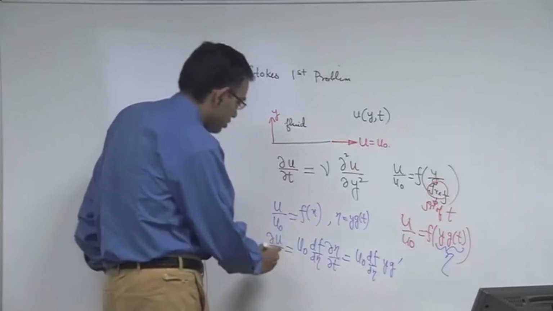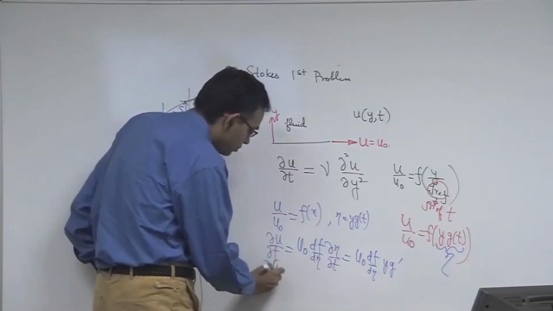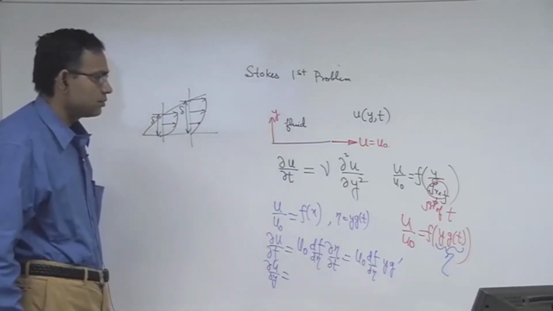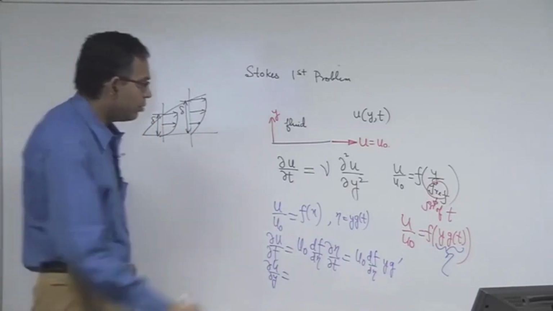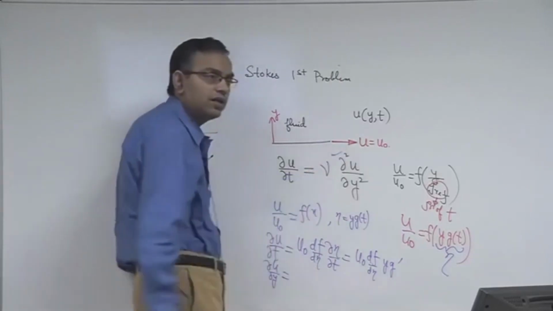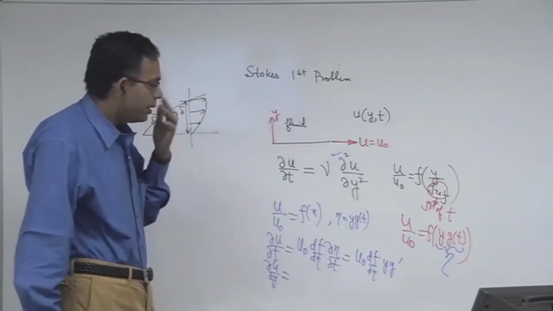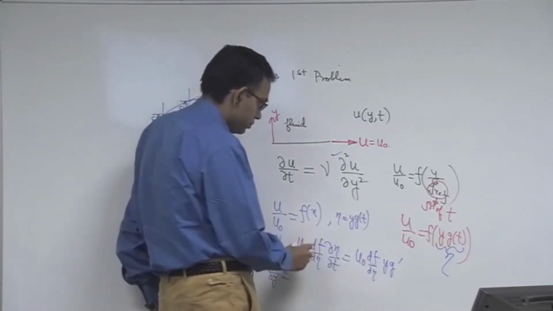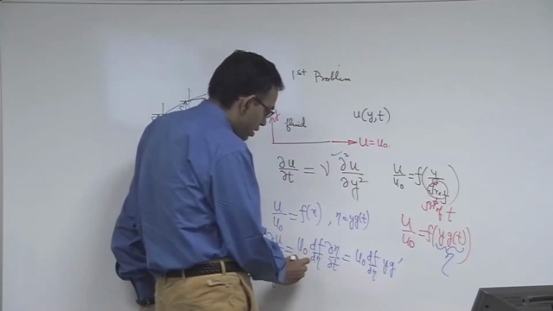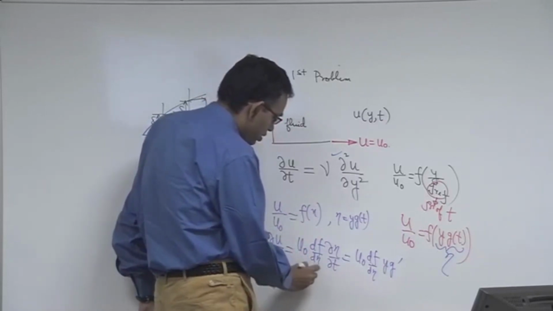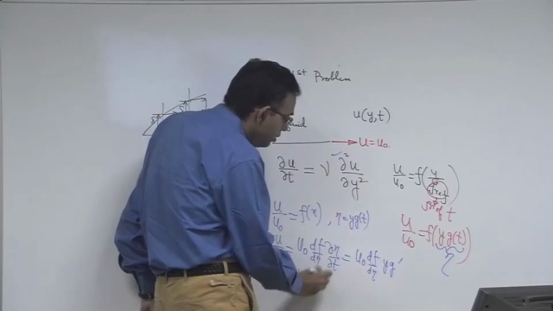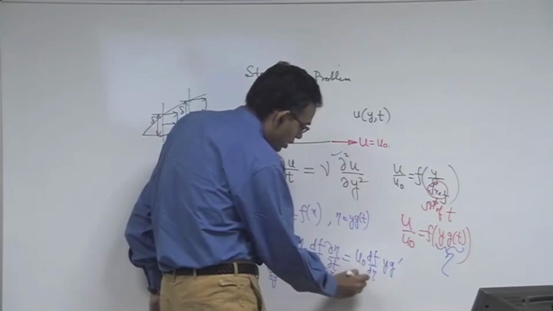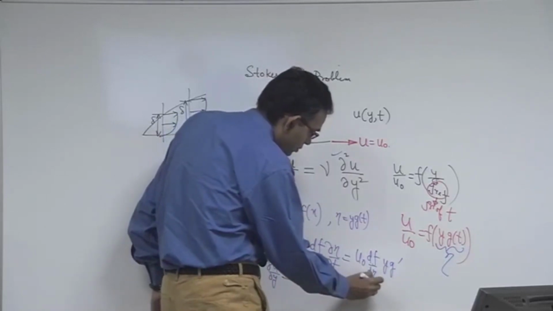Then del u del y. Why do we require del u del y? Because we need to evaluate this term. So, del u del y is u0 df d eta into del eta del y. So, u0 df d eta into g.